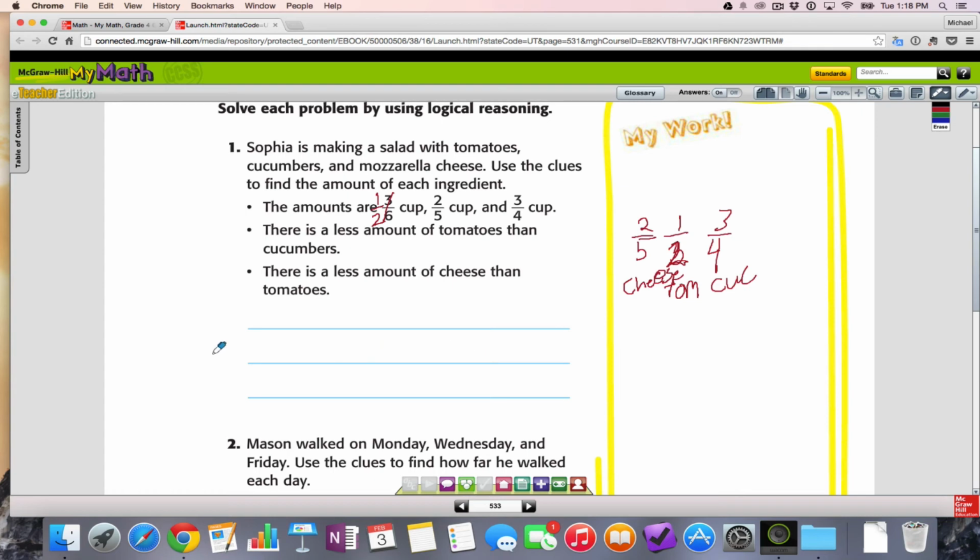So we'd have 3/4 cup of cucumbers, 1/2 cup of tomatoes, and 2/5 cup of cheese.